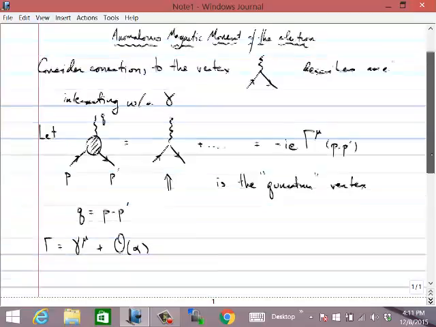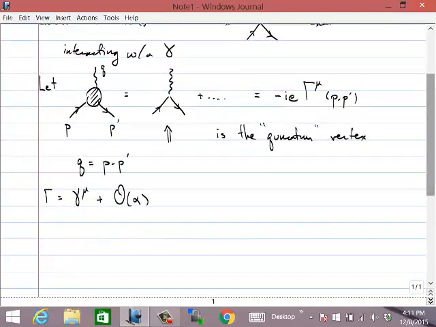But before we get into the detailed computation of these terms, I thought we could just spend a minute thinking about what on general grounds these various contributions to the quantum vertex could look like.